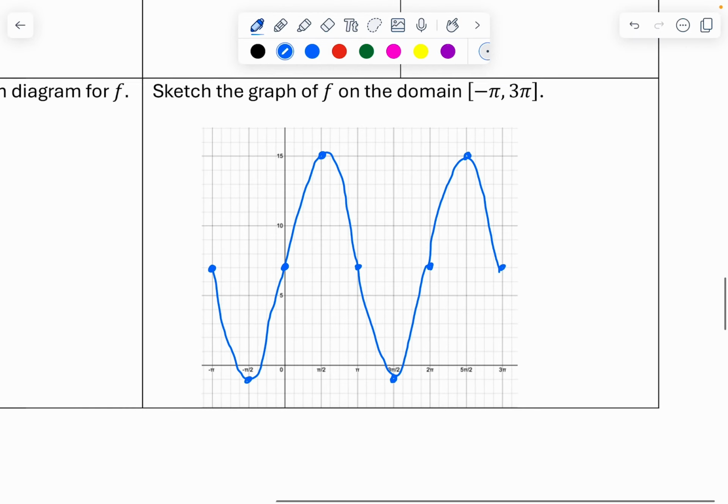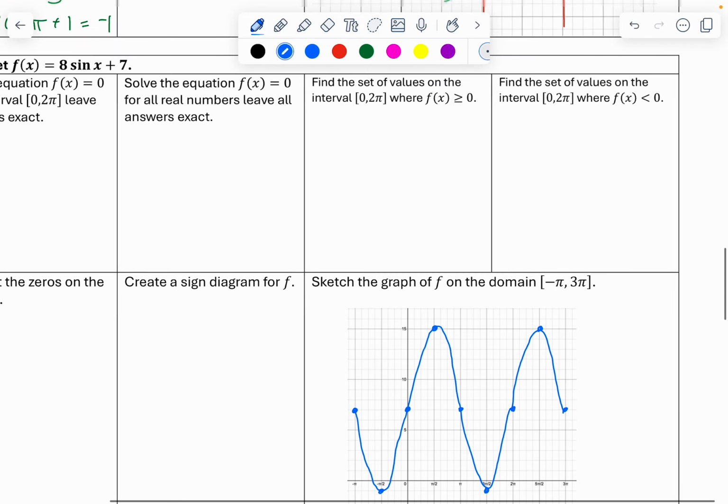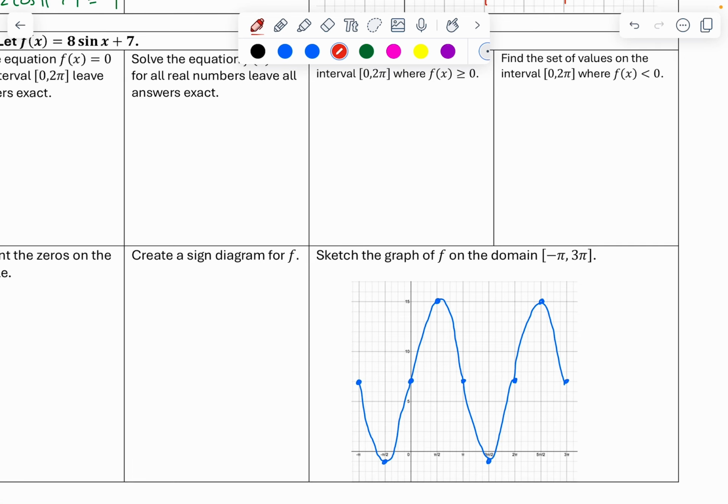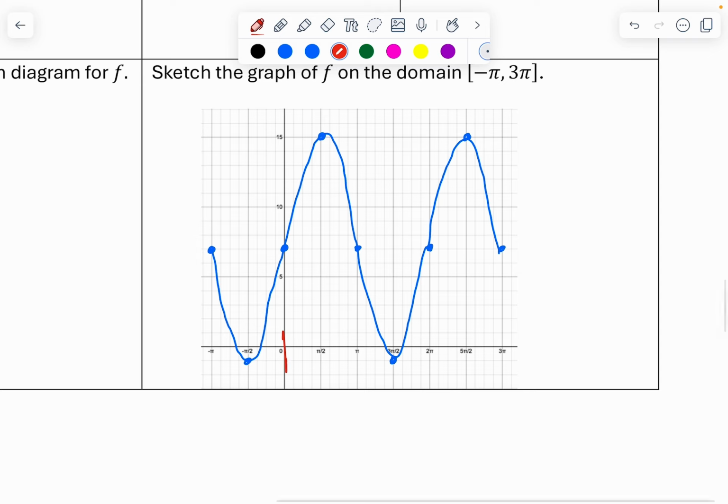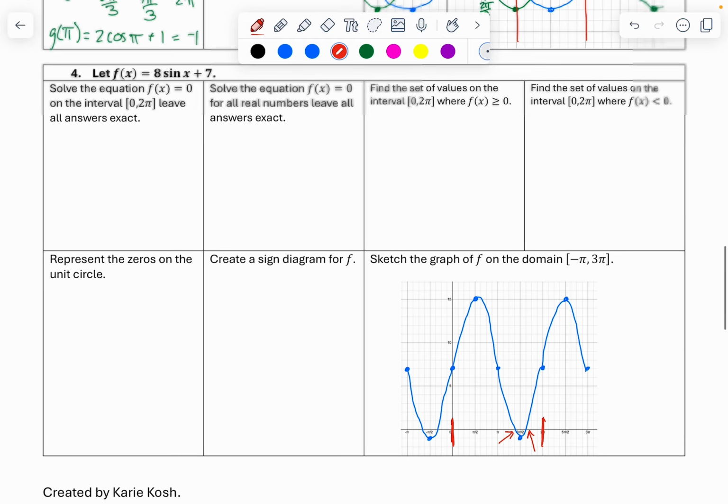And now they're going to ask us about values between 0 and 2 pi. So we can see here is 0, here is 2 pi. Nope, is that 2 pi? I lied to you. Here is 2 pi. So you can see that there are two values here where they intersect. So there are two solutions, and now let's see what happens.